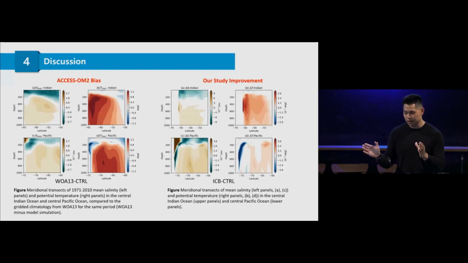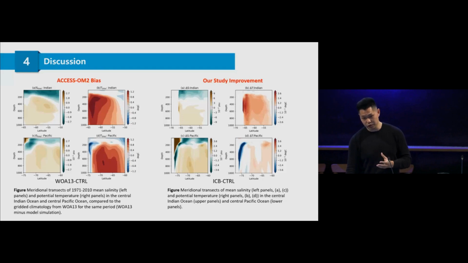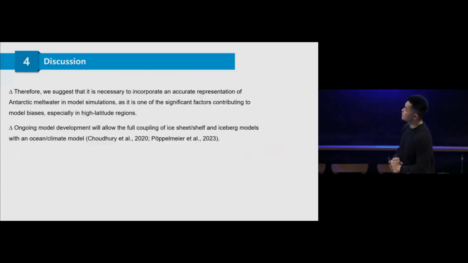So when you see a comparable pattern, that represents a reduction of the bias of up to 30%. Therefore, we suggest it is necessary to incorporate an accurate representation of the Antarctic meltwater in model simulations, as it is one of the significant factors contributing to model bias, especially in the high latitudes.